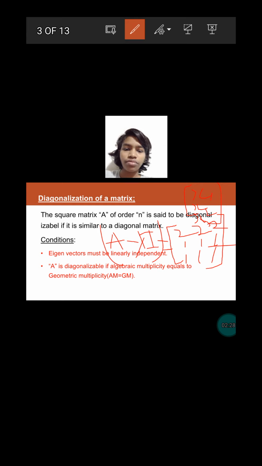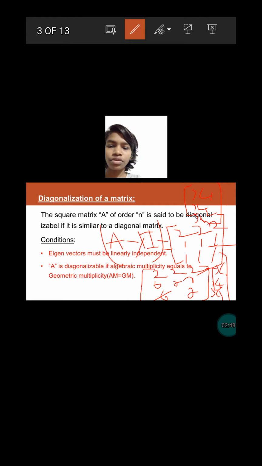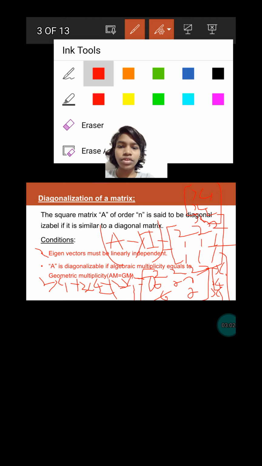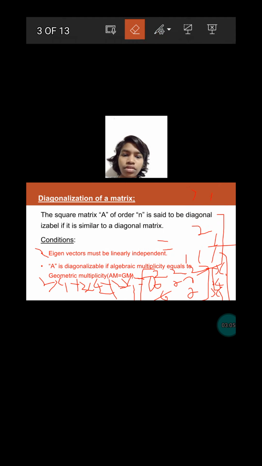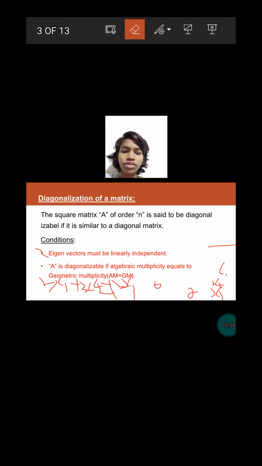After converting the matrix into echelon form, we get 2 2 2 and 0 0 0, 0 0 0. Then multiplying this with the column matrix x1 x2 x3, we get 2x1 plus 2x2 plus 2x3 equals 0.